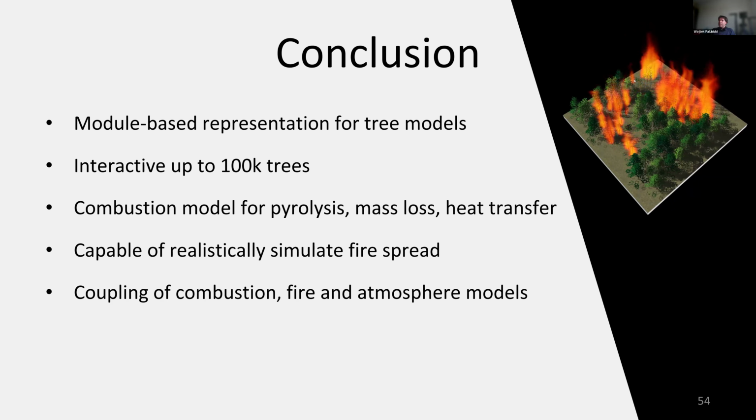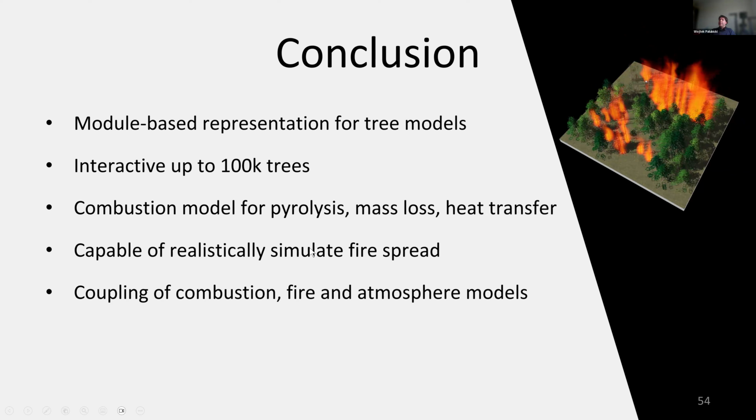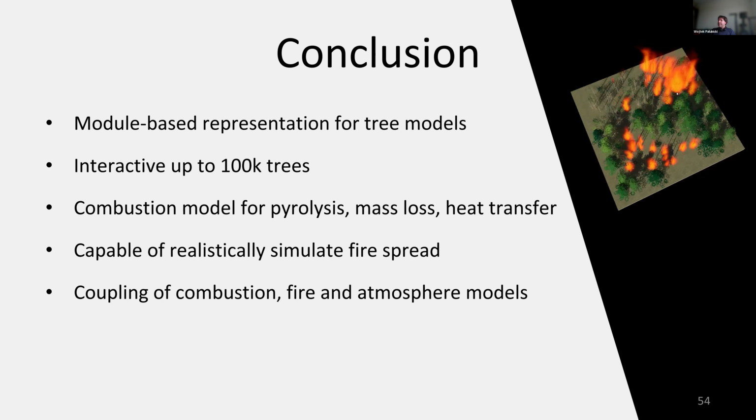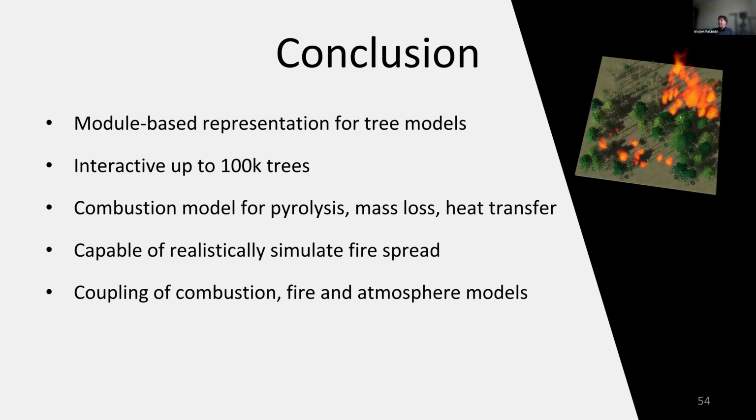And there we take into account the processes of pyrolysis, mass loss, and heat transfer. We simulate the temperature field using computational fluid dynamics. And this, in principle, altogether allows for a fairly accurate representation of vegetation for our wildfire simulation.